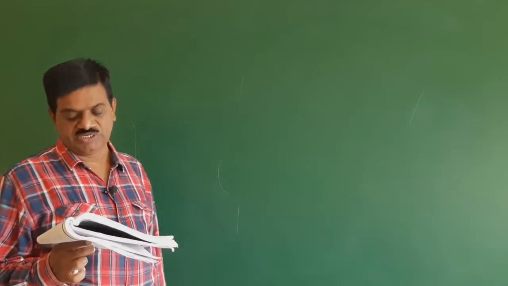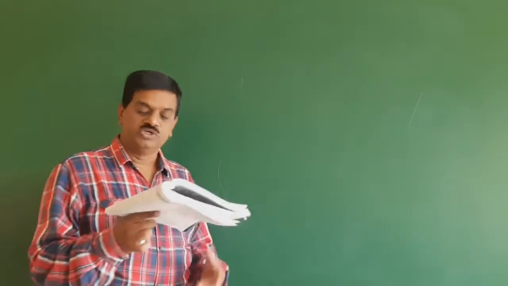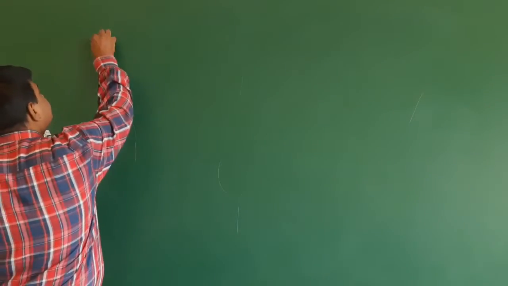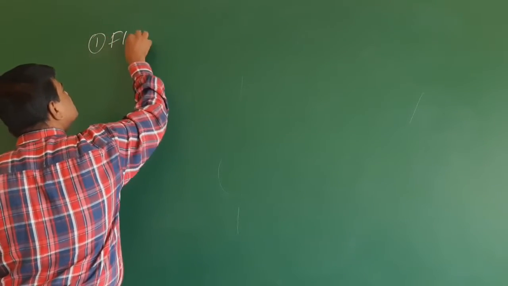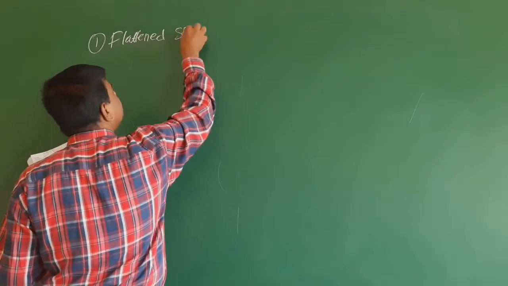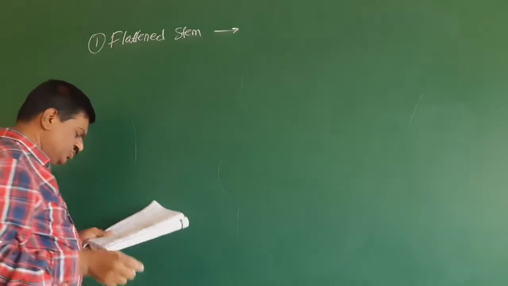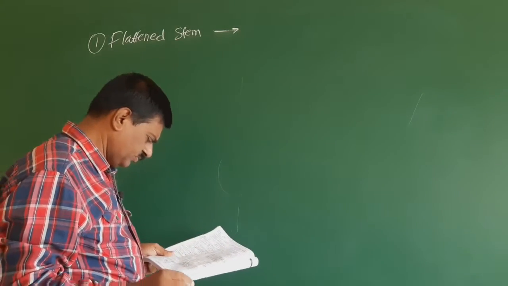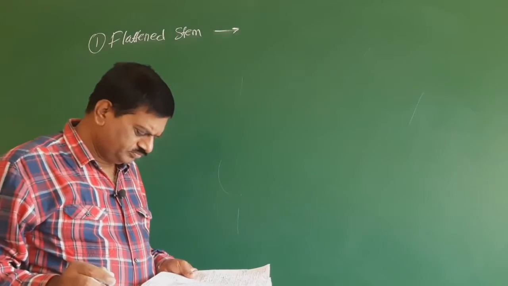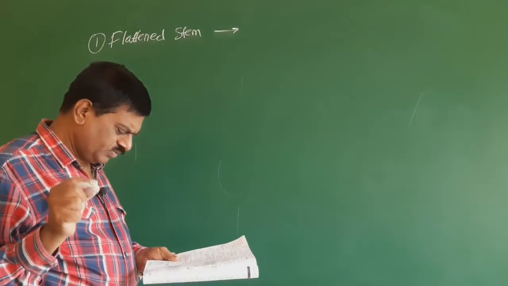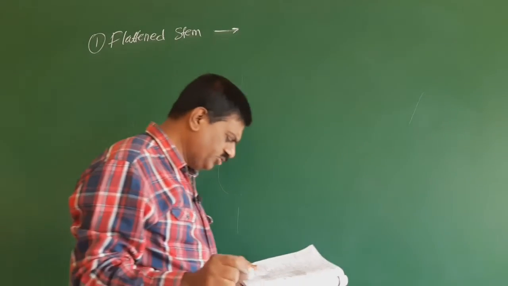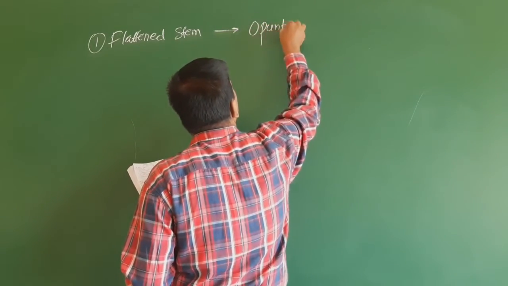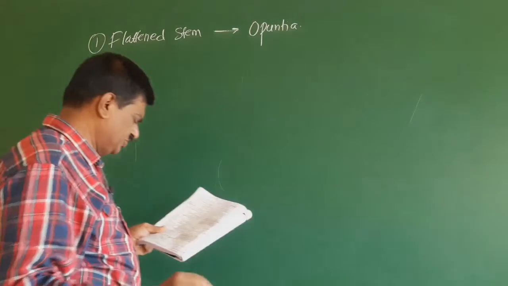Match the following, column 1 and column 2. Here I am writing the right option. The first one is flattened stem, and this can be noticed in Opuntia.